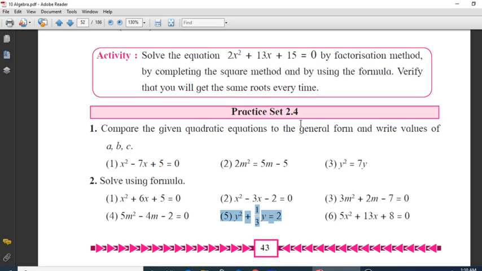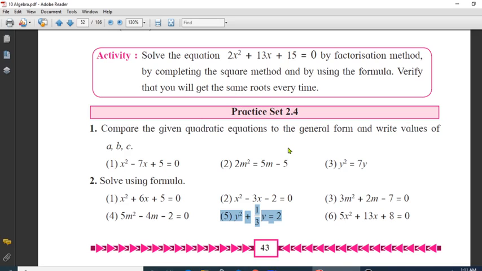Then we studied how to solve a quadratic equation by splitting the middle term in exercise 2.2. In exercise 2.3 we studied how to find the roots of the quadratic equation by the completing square method. And in exercise 2.4 we studied how to solve a quadratic equation by using the quadratic formula.